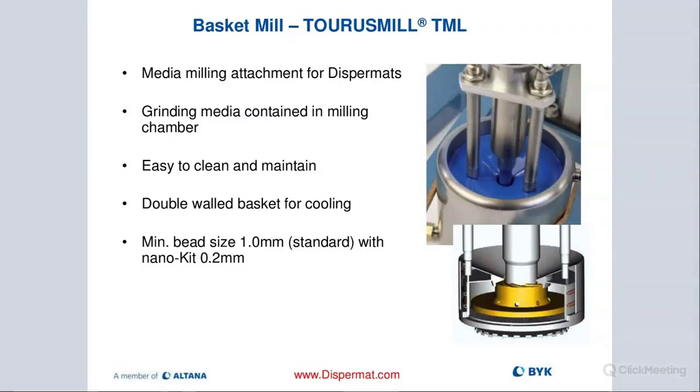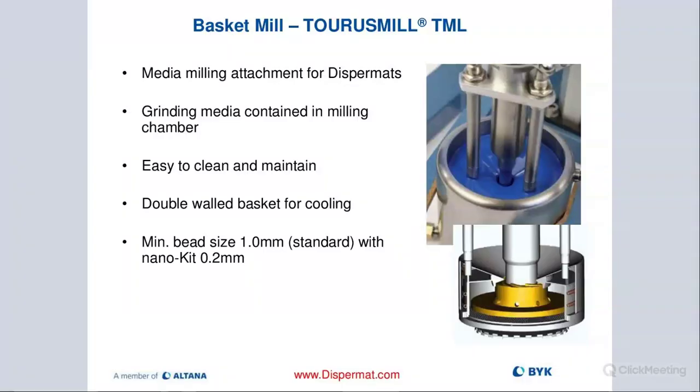We call that the pumping wheel, and it has some small fins on top. Those fins are creating a vortex, and that vortex will then suck the mill base back into the mill. So that will help us circulate our mill base very efficiently in and out of the basket with optimum cooling.